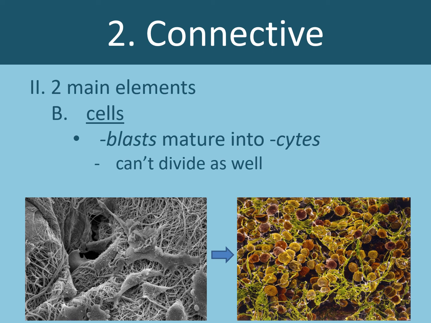In the picture below, to the left we see fibroblasts. They're creating new fibers in the extracellular matrix. The fibroblasts will mature into cells that we see on the right called fibrocytes, and they are there to just maintain the fibers that are already in place.